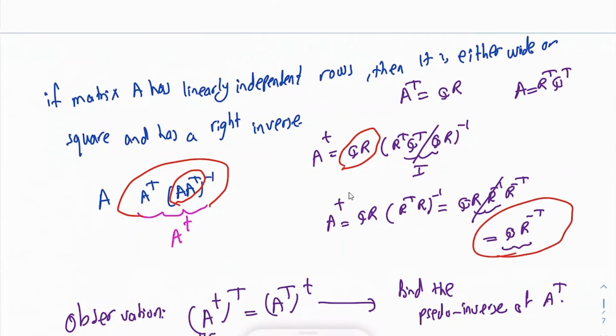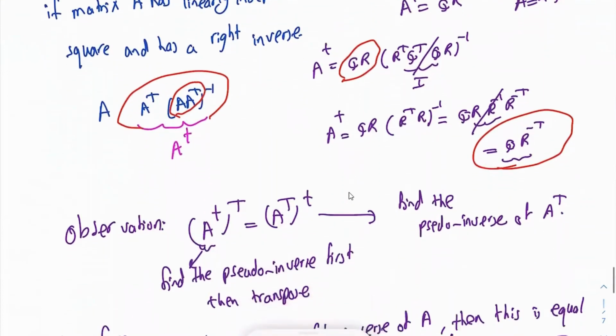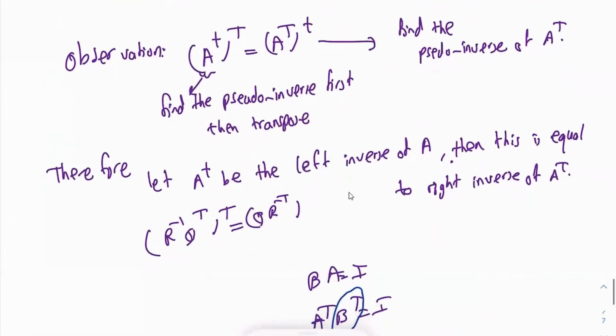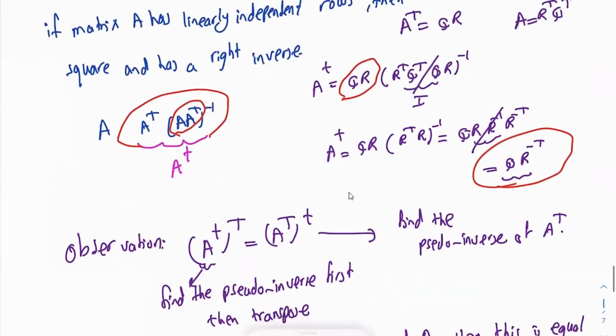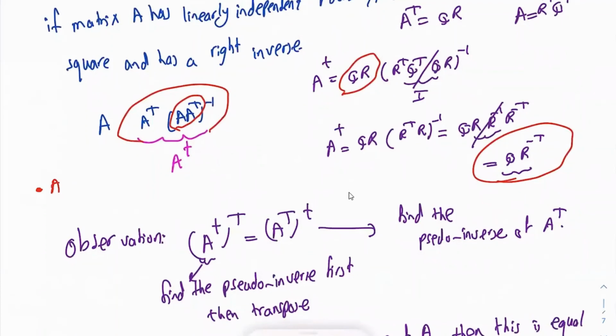But wait, we could get this one easier. Look at this observation that I have, right? We could get this expression much easier than this. Think about that. One of them is a left inverse, the other one is a right inverse, right? Remember when I was talking about the properties of an inverse, I said one of the interesting properties is that A inverse transpose is equal to A transpose inverse.